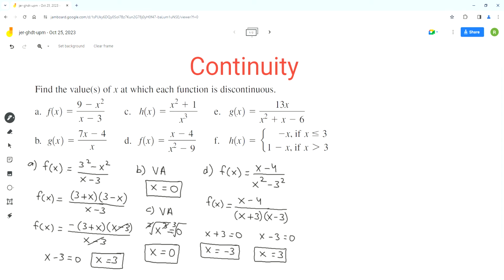Now we can analyze part E. Now part E is another rational function, so we should first factor the expression as much as possible. So in this case, we cannot factor the numerator, but we can factor the denominator because the denominator has a simple trinomial expression.